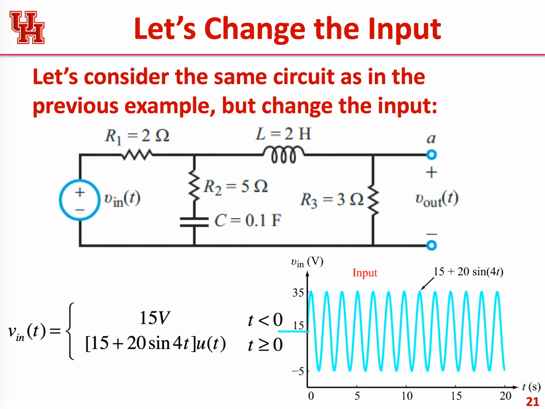But after this, we are turning on a sinusoid. This sinusoid is 15 plus 20 times sine 4t. So this is a sinusoid with omega 0 equal to 4, and the amplitude is 20.